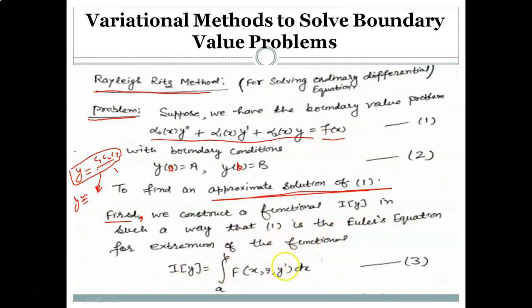How we construct this functional will be better understood in the numerical problems. But note one thing here, that you have to construct a functional so that if you find the extremal of this functional, then you can obtain this given equation. So this is the main cue here to solve this.